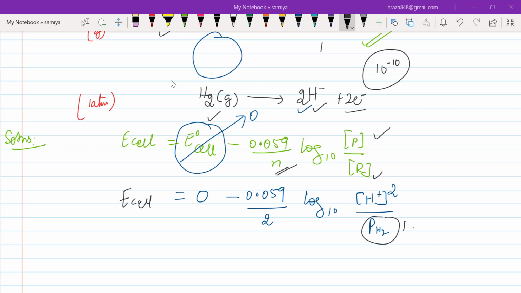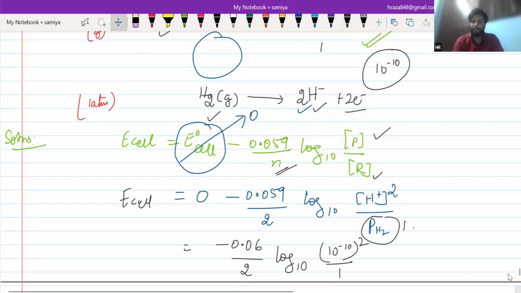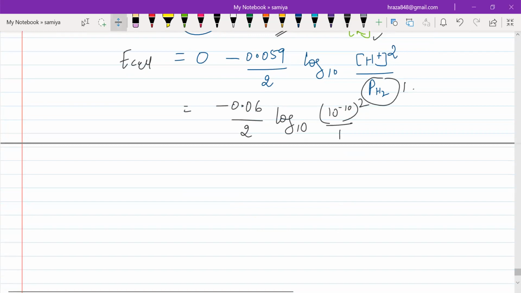Sir, when you're simplifying these concentrations, at that time it will come 10 raised to the power minus 20, right? So wait a minute. It will be 0.06 log to the base 10, and H plus has a value 10 raised to the power minus 10 raised to the power 2 upon 1. Okay. Yes, sir.